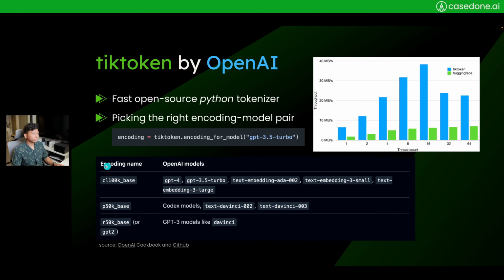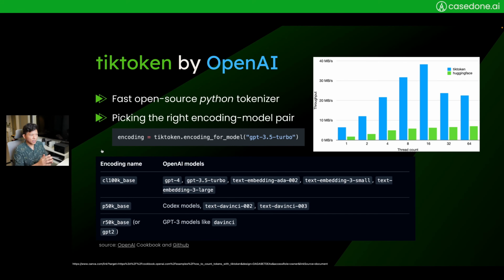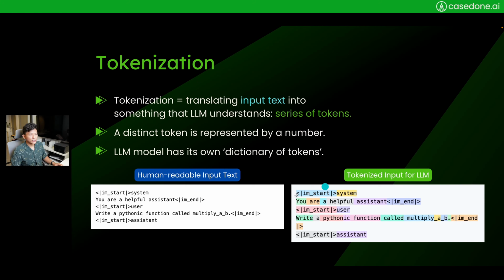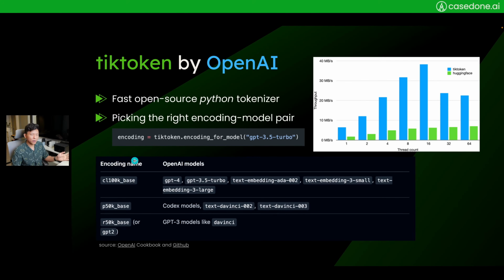Now, just to give you a complete overview, an encoding scheme is a way to split words into tokens. These are called encoding schemes or encoding names. Different encodings apply to different OpenAI models. They keep improving. Here, cl100k_base should be used for GPT-4, 3.5 Turbo, and text embedding ada, embedding 3, the latest embedding model from OpenAI.